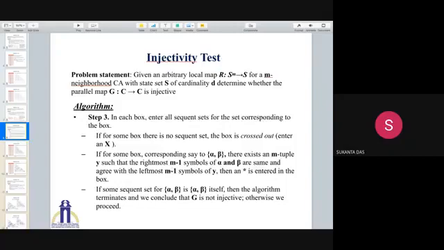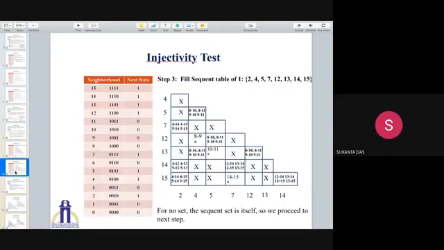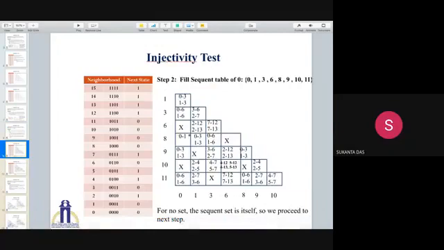Okay, so let me give an example to understand it better. See here, in this example, 0 and 8. In this set 0 and 8 I put a star.